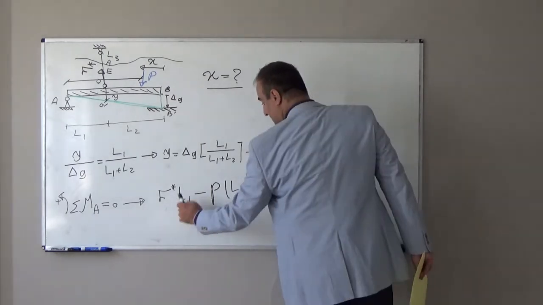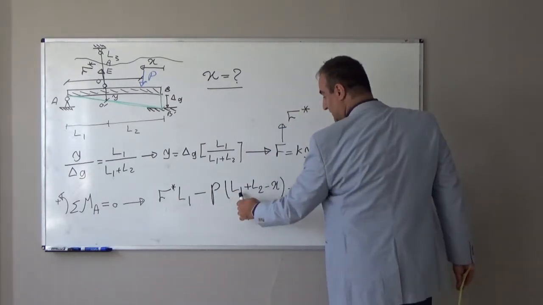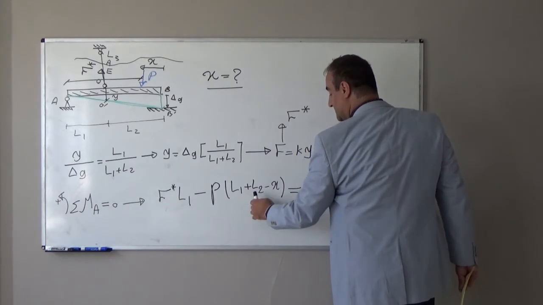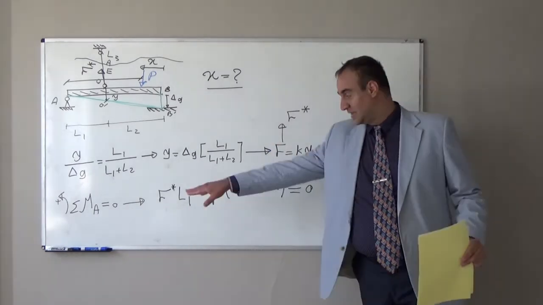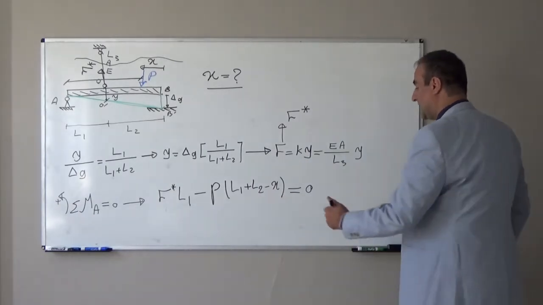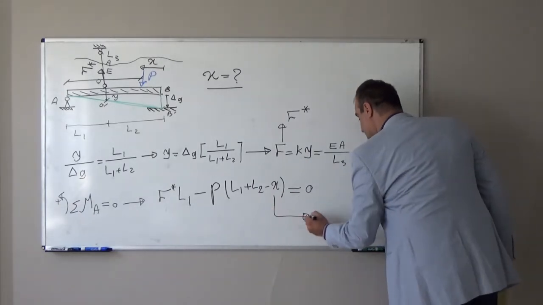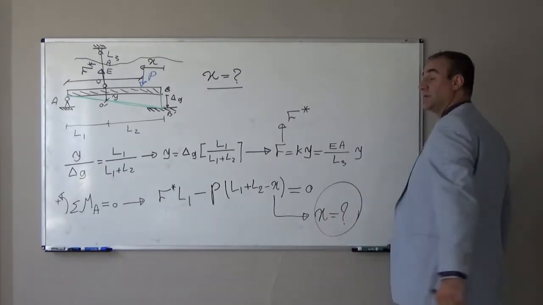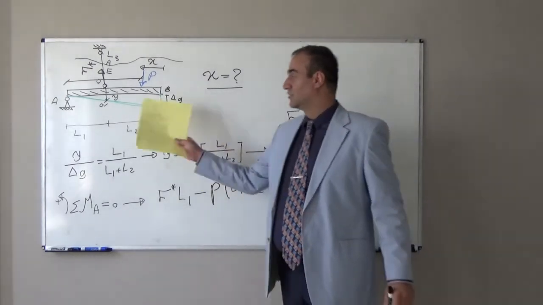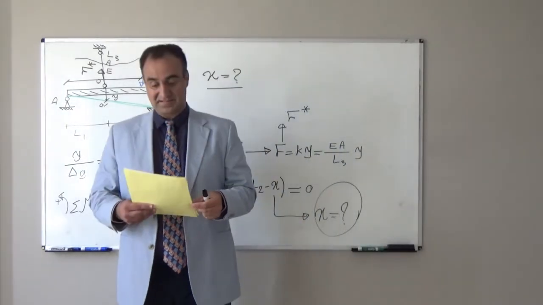F is known, L1 is known, P is known, L2 is known. So we have one equation, one unknown x. I can find the location x, the location of the external load, in order to close that gap.